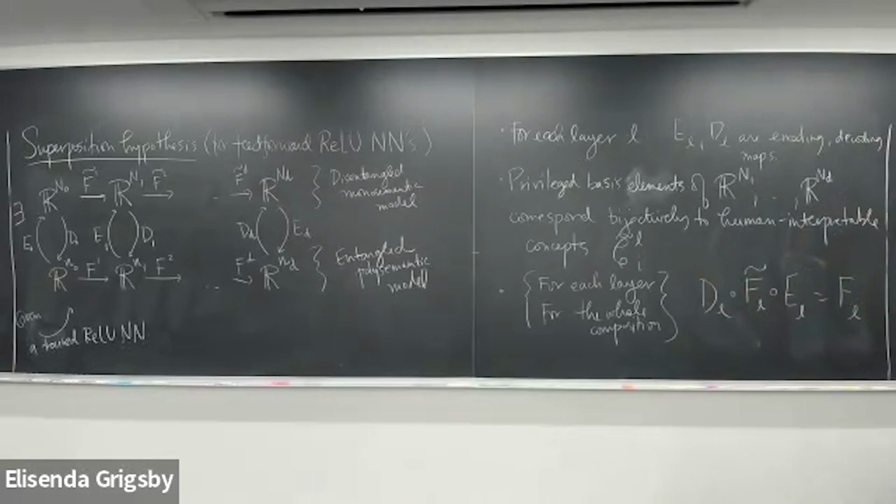And you might also relax it to just be on a particular data set. There are various things you could say here, but the strictest version of the superposition hypothesis is that it works on the whole space and it works exactly.